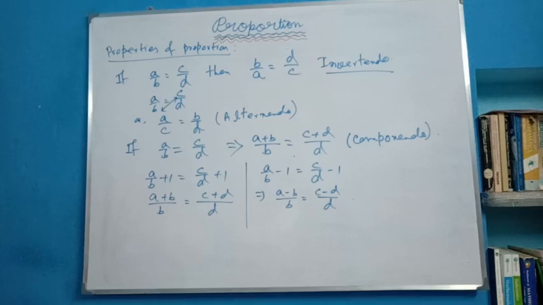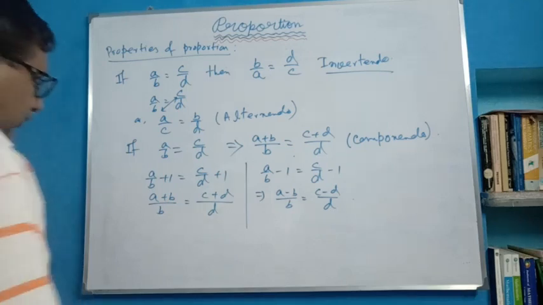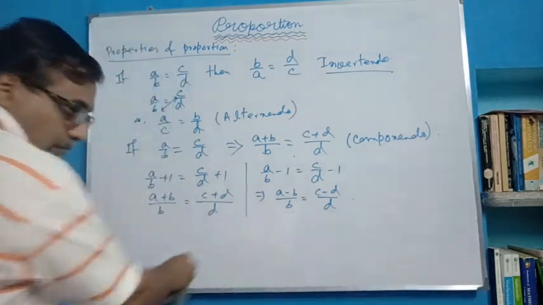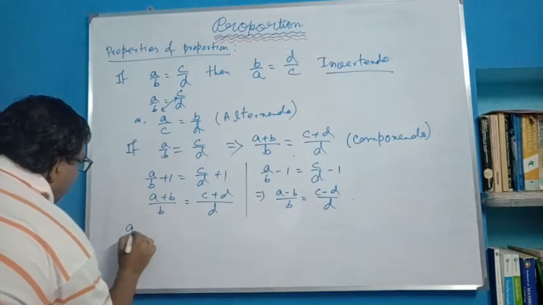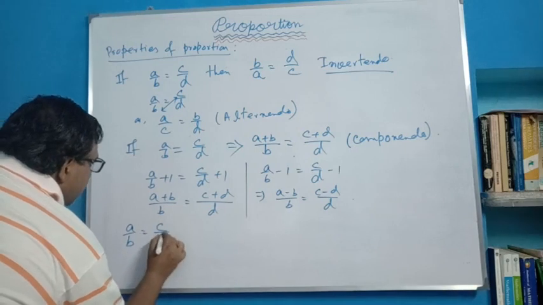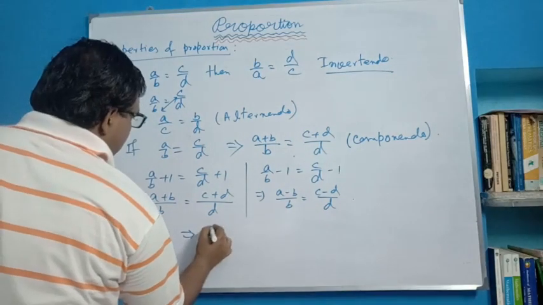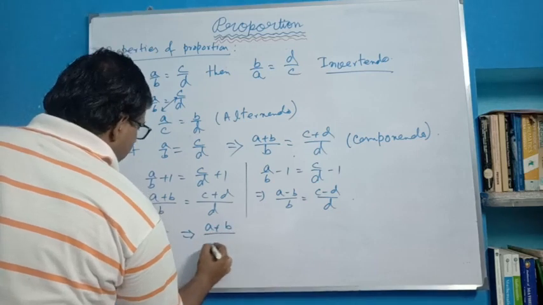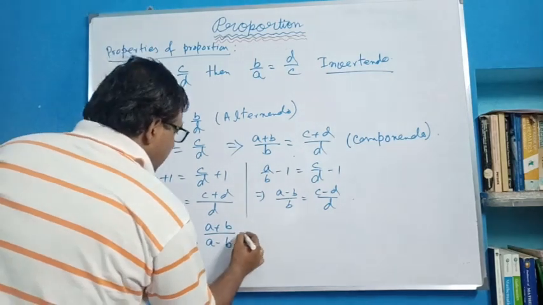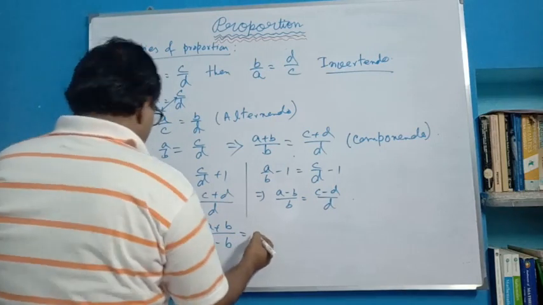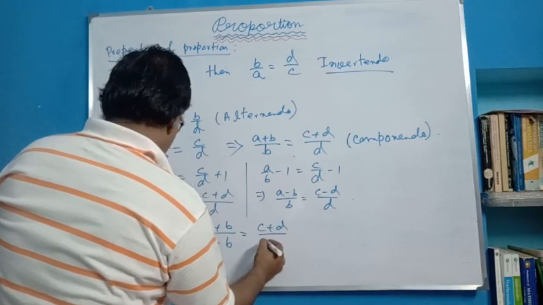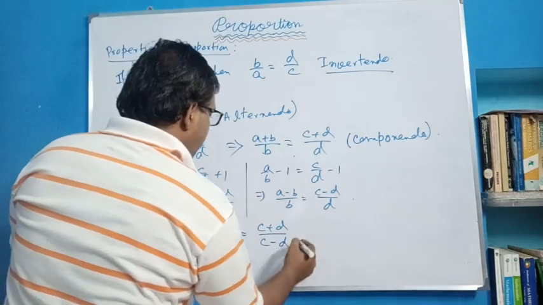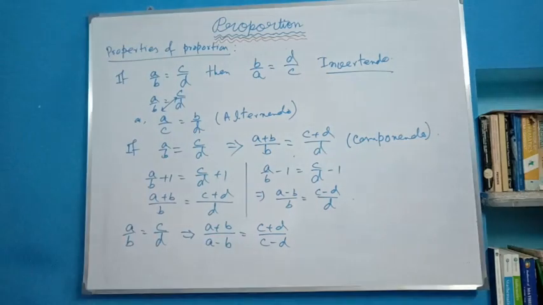Now, the next property. A by B is equal to C by D, which implies that A plus B by A minus B is equal to C plus D by C minus D. Very, very important property, this one.